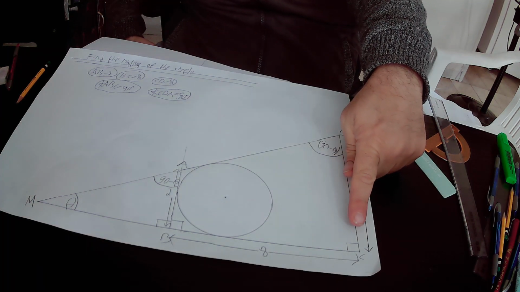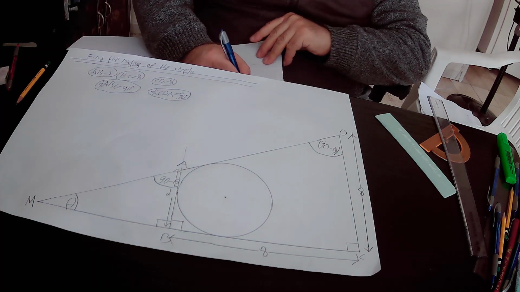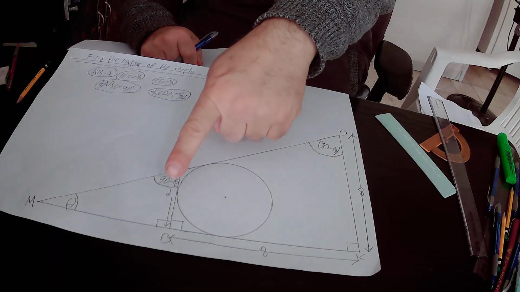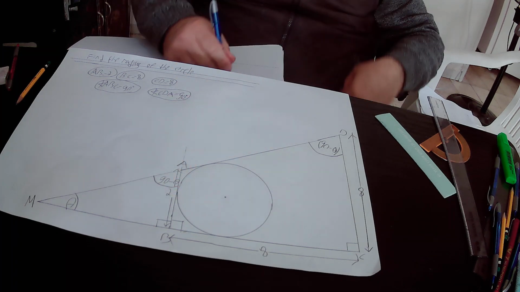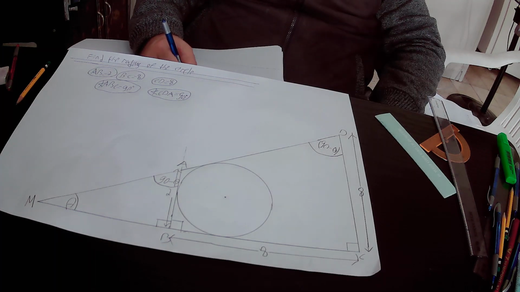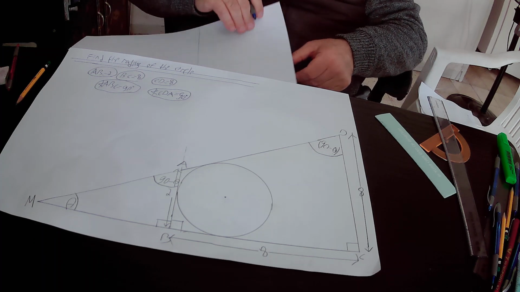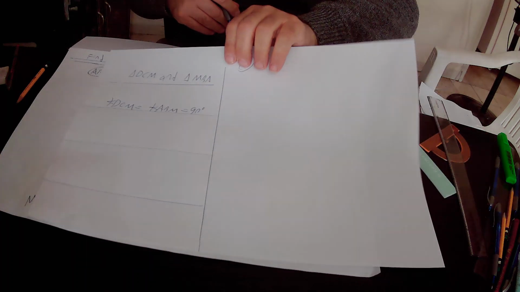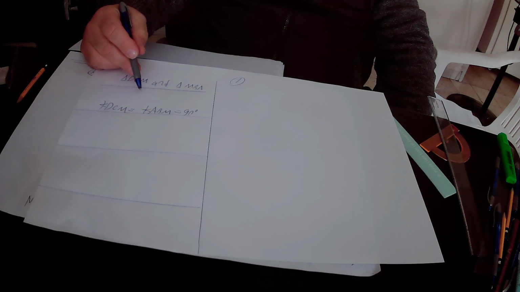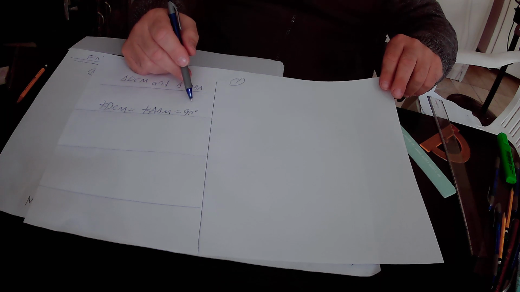This is angle DCM in the right big triangle DCM, and it equals this angle, which is angle ABM in the right small triangle MBA. Repeat again: angle DCM in the right big triangle DCM equals angle ABM in the right small triangle MBA. They are both equal to 90 degrees, therefore they are equal to each other.